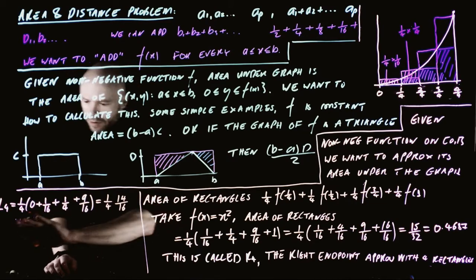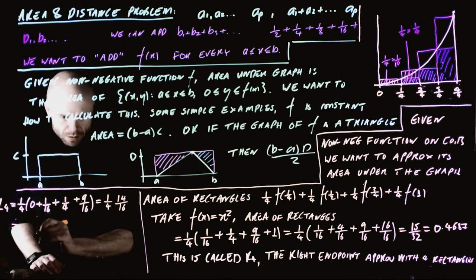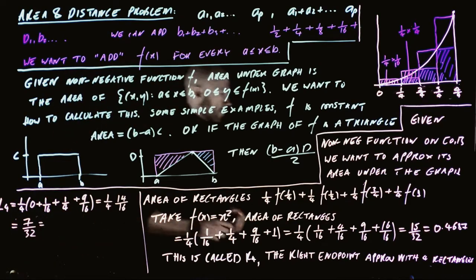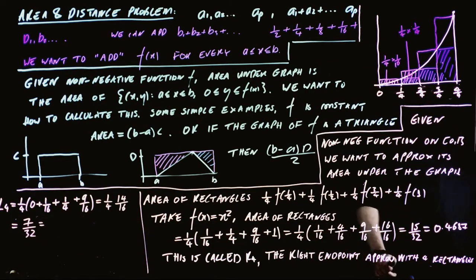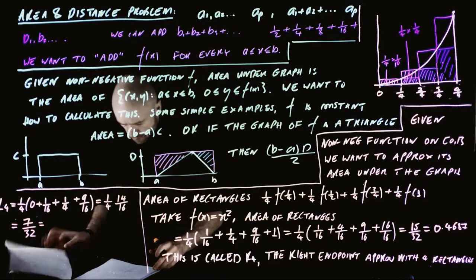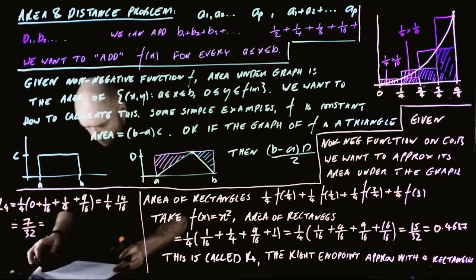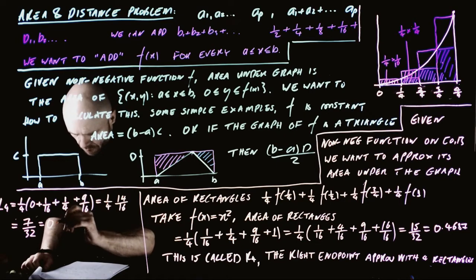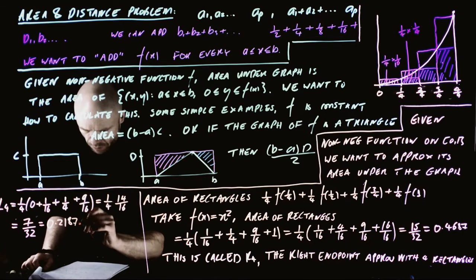So that becomes 7 over 32, right? And we have the decimal expansion for this, 0.21875.